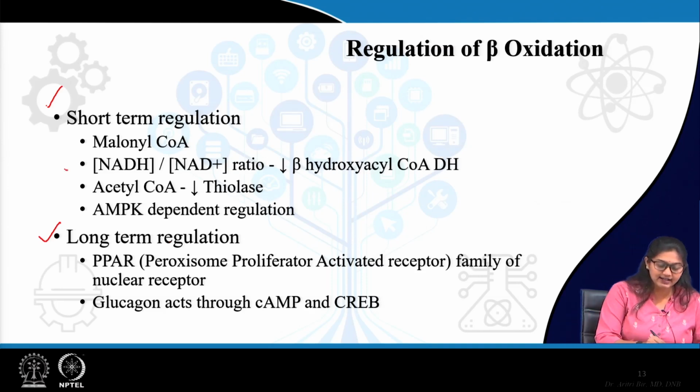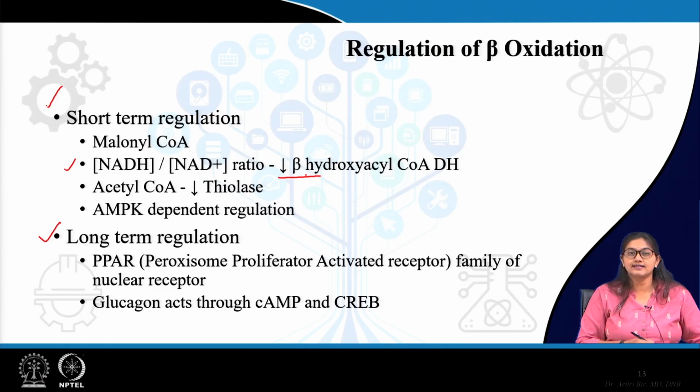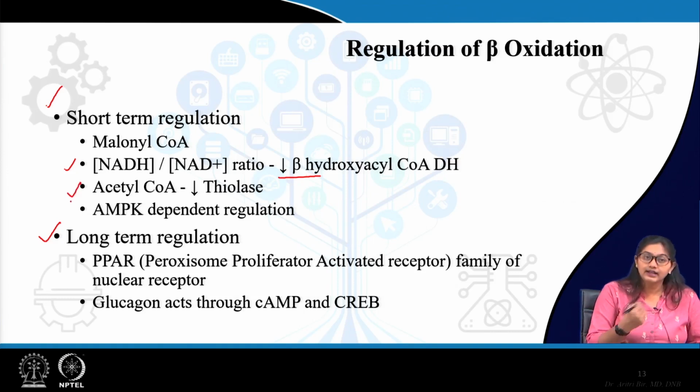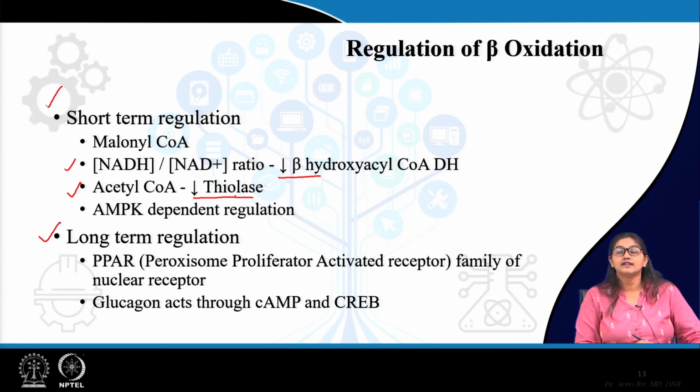High NADH-NAD ratio inhibits the enzyme beta hydroxyacyl coenzyme A dehydrogenase, and increased acetyl coenzyme A inhibits the thiolytic cleavage enzyme thiolase.